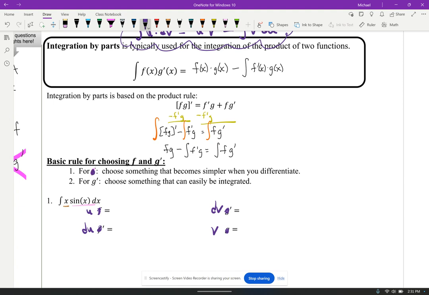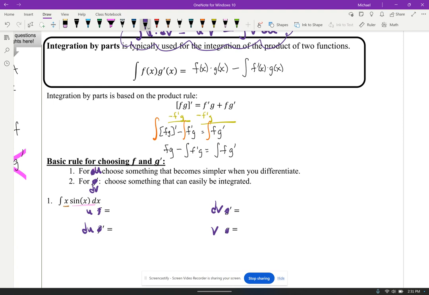In order to identify u, we should choose something that becomes simpler when you differentiate. And in order to find dv, we're going to find something that can easily be integrated. I also want to choose u if it's something that differentiates down to zero, right? If I take enough derivatives, will it get me down to zero?